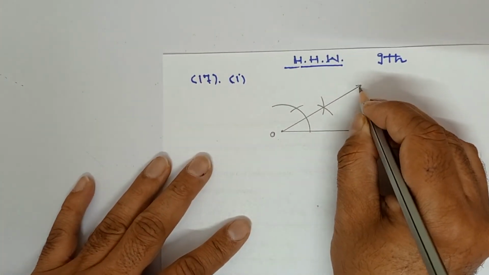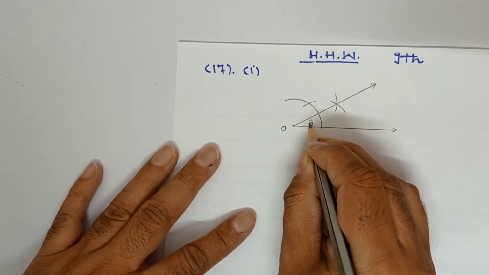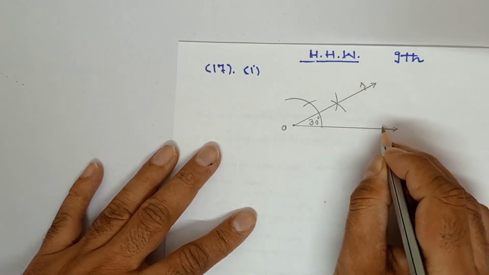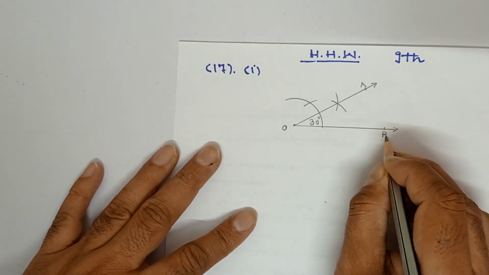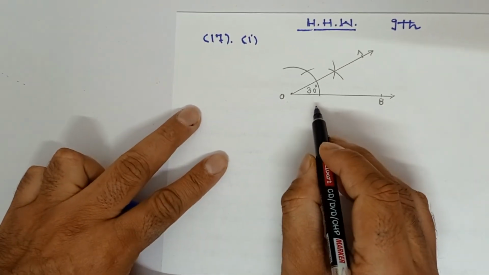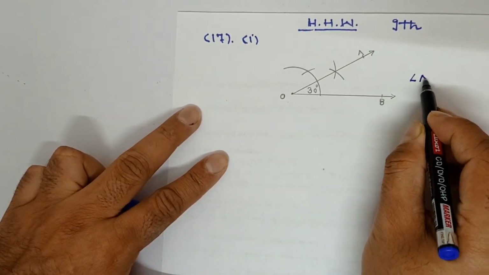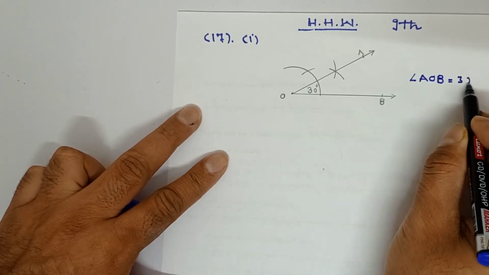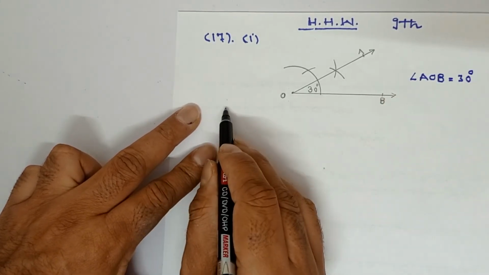Arrow this side. Right here 30 degree. Right here A point, and right here B point. So the name of the angle is angle AOB, and this is 30 degree. So this angle is an acute angle.